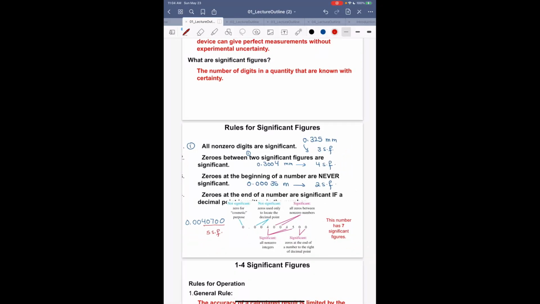Now, this is how we record our measurements, or let's say decide how many significant figures I have in a number.